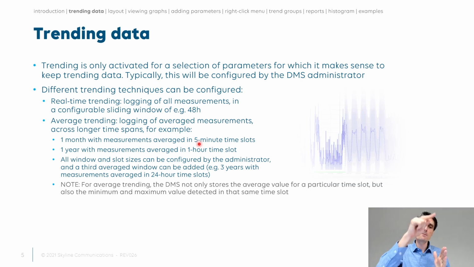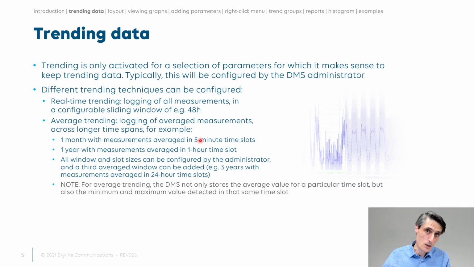So if it did a spike up and a spike down, and I have my average, you will also see that zone where it is actually moving in. I'll show you that in the UI as well. But for 1 month, I have a detail up to 5 minutes. So within 5 minutes, I still know the average and the min and max of what it did in that 5 minutes, but not more.